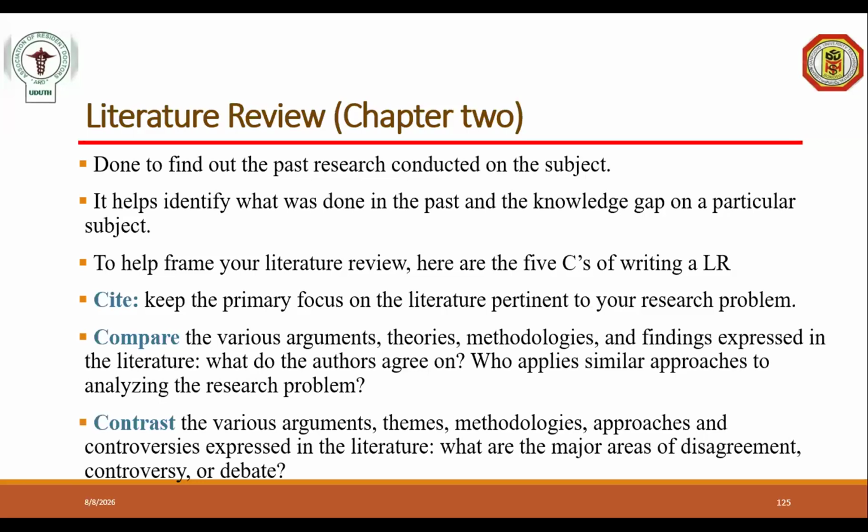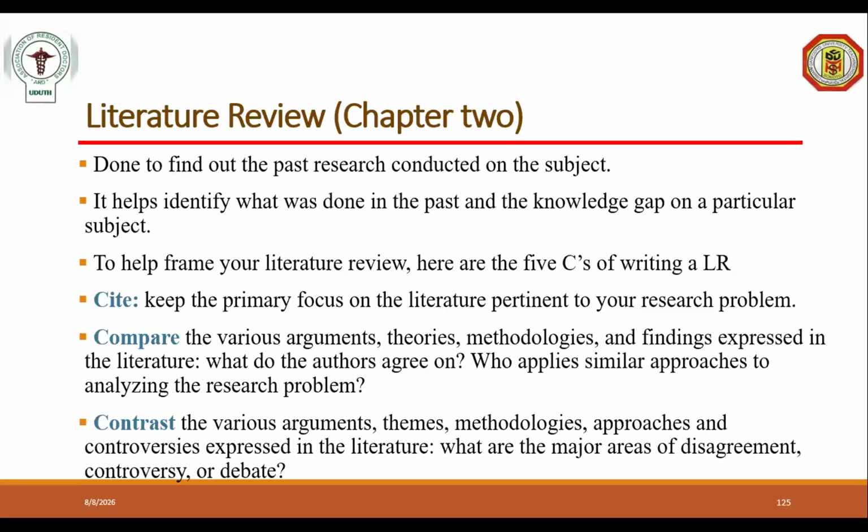So that is why we say, to help, there are 5 C's. Number 1, we say cite. Keep the primary focus on the literature pertinent to your research problem. So that is why we said you have to organize it according to your objectives.